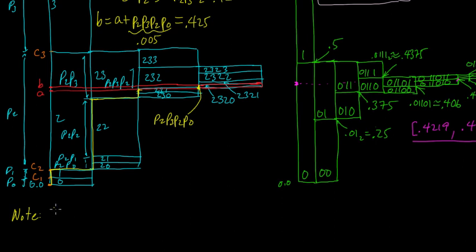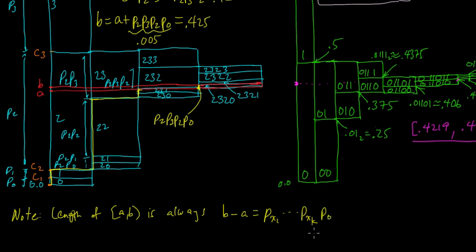The length of the interval from A to B, which is of course B minus A, is always going to be the product p(x1) times p(x2) up to p(xk) times p(x0). So if our sequence is of length k plus 1, then it's the product of all these probabilities.